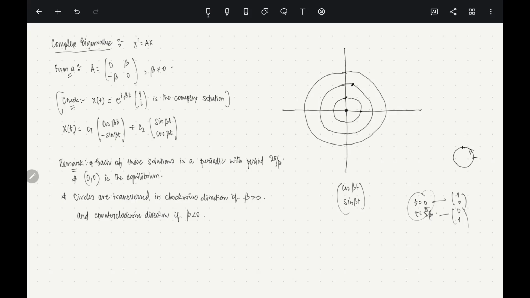So you see, this is moving in this direction. So we can draw this. So this is in counterclockwise direction.